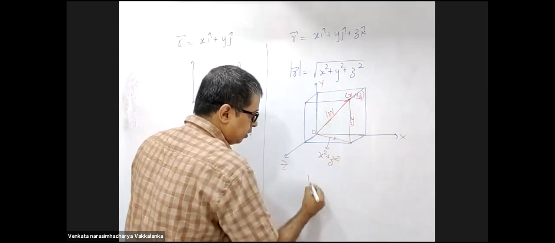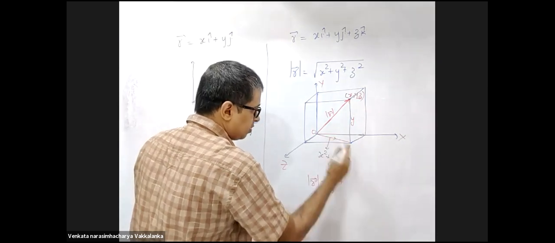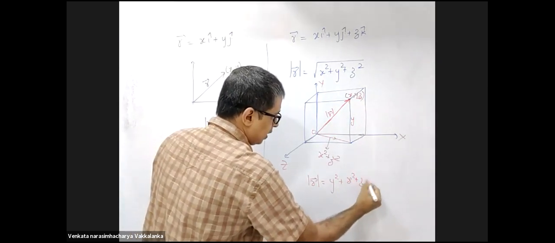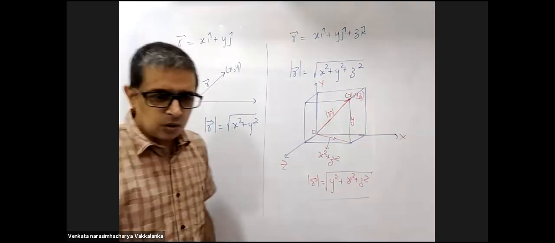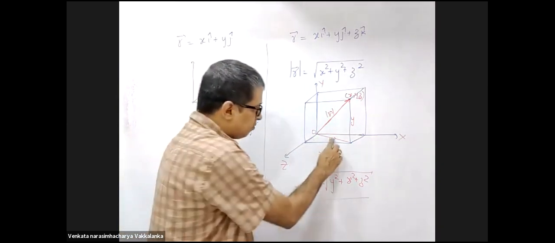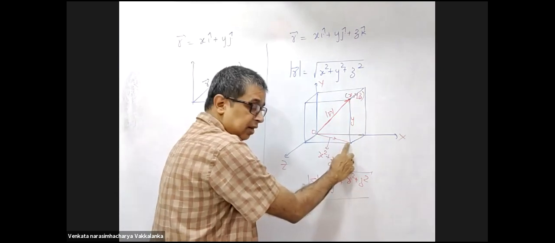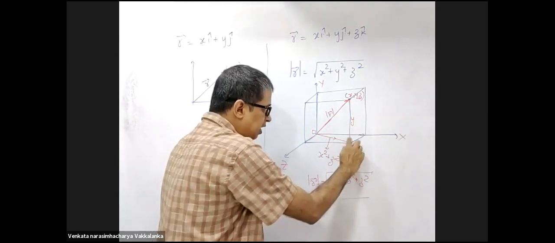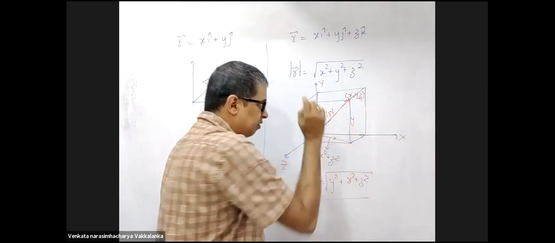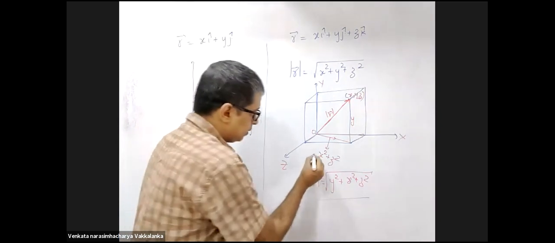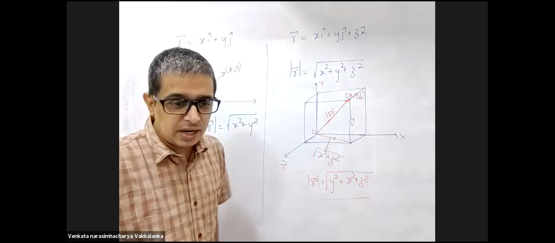So magnitude of R is root over of y square plus this square, x square plus z square, whole squared. Two times you applied Pythagoras theorem. First time you applied for x and z to get this diagonal. Now this becomes the base of this right angle triangle. Square of this plus square of this is R square.